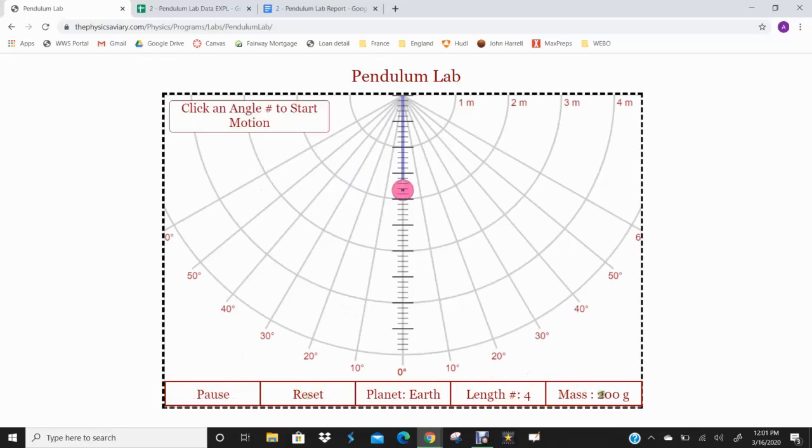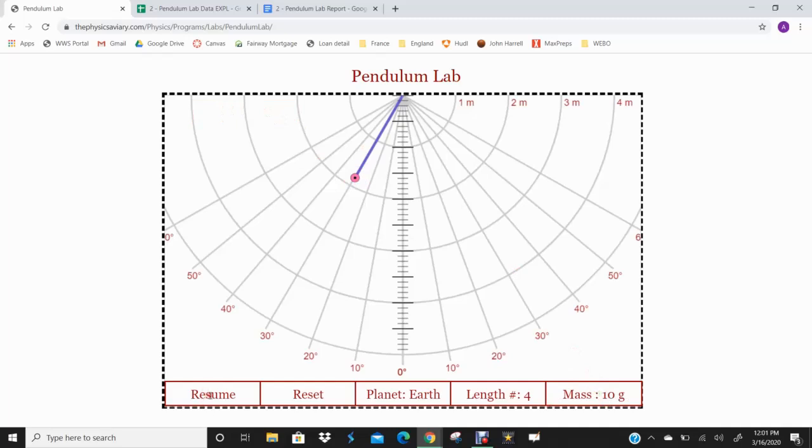Let's reset it. Let's go to 200 grams. Okay, 2.7 seconds. Let's go to 500 grams. 2.7 seconds. It looks like I may have jumped the gun on that first one. So it's around 2.7 seconds.